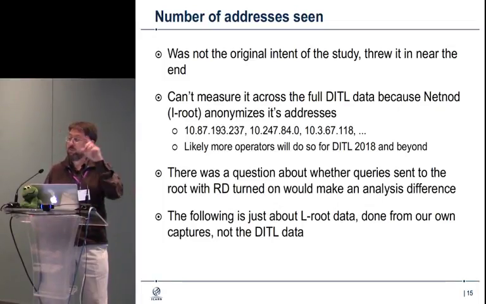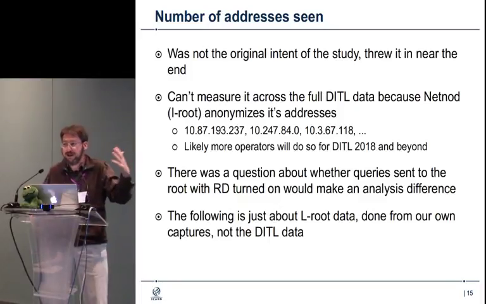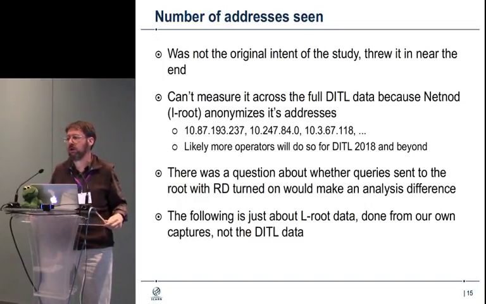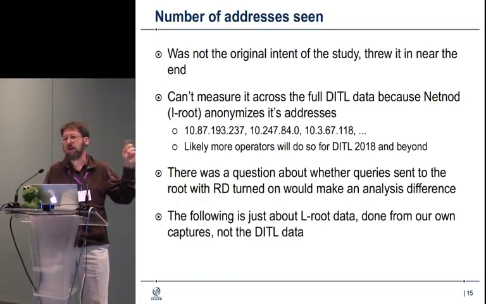These will not be complete at all, because even for DIDL 2017, iRoot is anonymizing their data, and they're all in the 10 address space. In DIDL 2018, we're expecting more people to be anonymizing. So any analysis of how many individual addresses we are seeing pretty much has to be from the past.